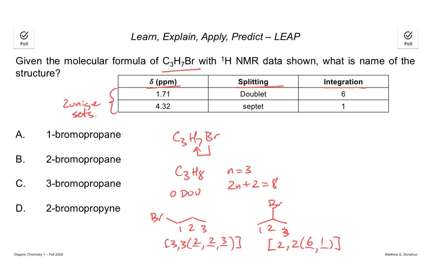And then the integration is telling you the ratio. And so we can see that it's got to be the 2-bromo compound. And then how do we account for the splitting?